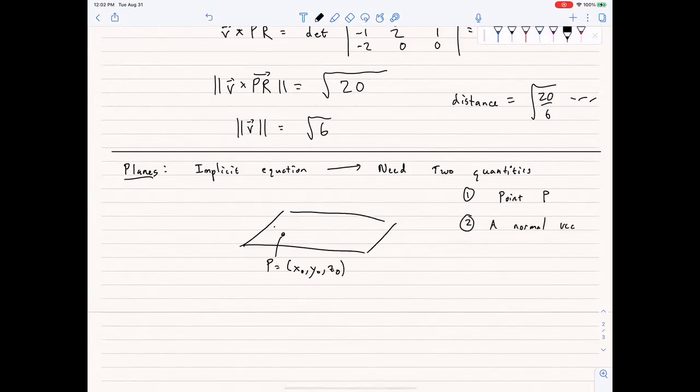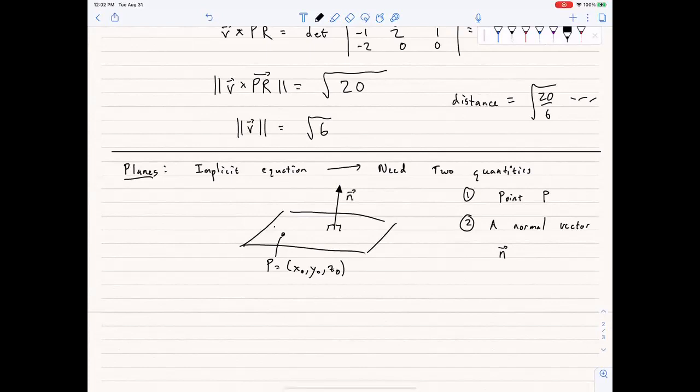What is a normal vector? Well, I'm going to denote it by n. And what it is, it's a vector which is perpendicular or orthogonal to the plane. So it makes a right angle to any vector that's parallel to the plane. Any displacement vector of 2 points on the plane is orthogonal to this guy.